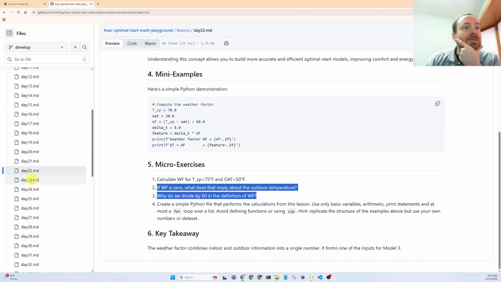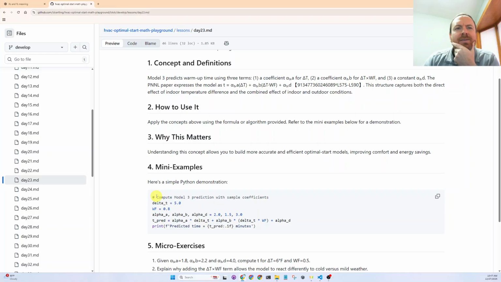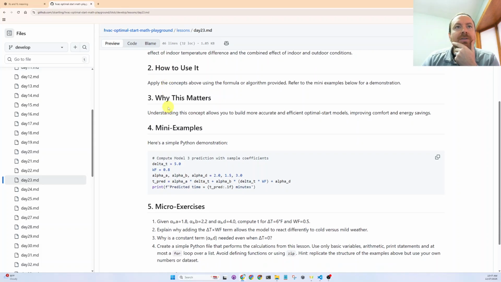Maybe as that kind of sits and thinks, I'm almost kind of curious. So we'll probably do this one. Maybe we could sneak this one in too. Looks like day 23, start to get into the alpha A, alpha B, alpha D parameters.